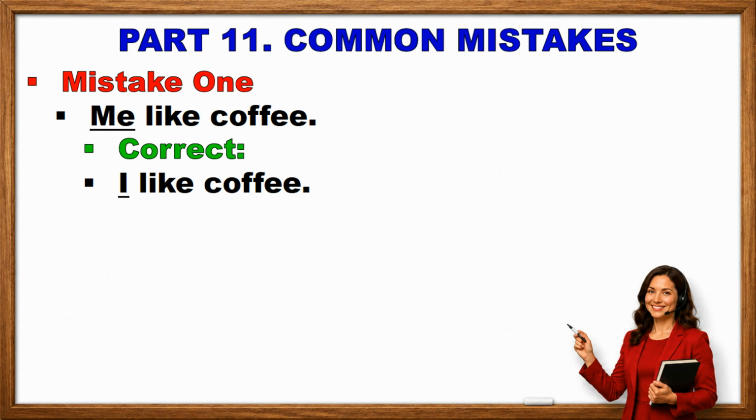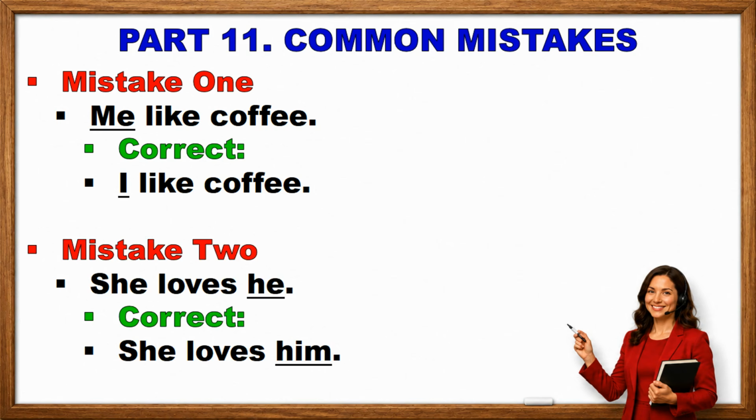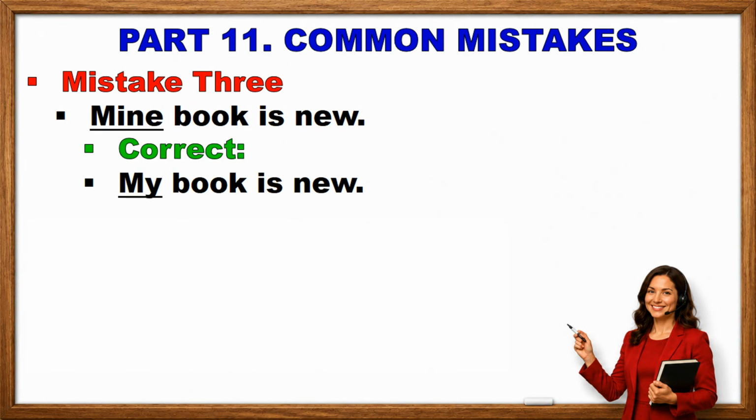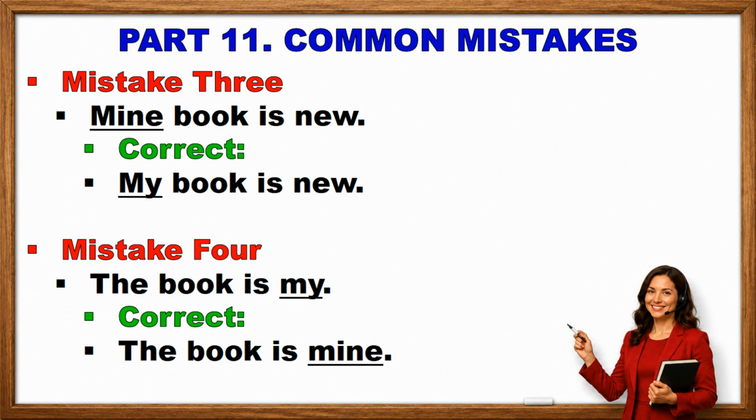Part 11. Common mistakes. Mistake 1. "Me like coffee." Correct: "I like coffee." Mistake 2. "She loves he." Correct: "She loves him." Mistake 3. "Mine book is new." Correct: "My book is new." Mistake 4. "The book is my."